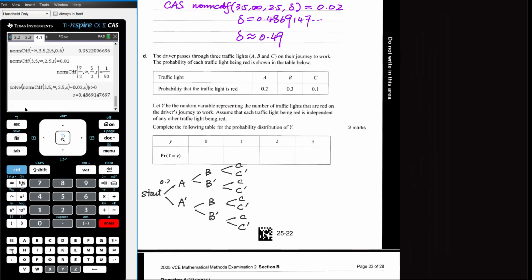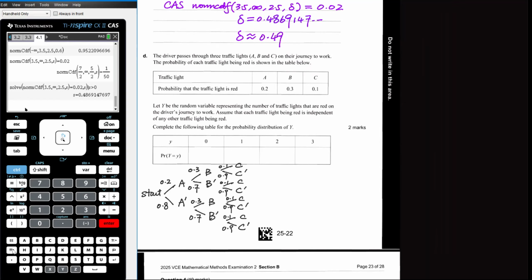You have 0.2, 0.8, then 0.3, 0.7, and then 0.1, 0.9.